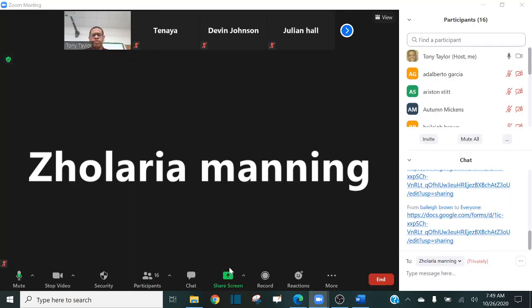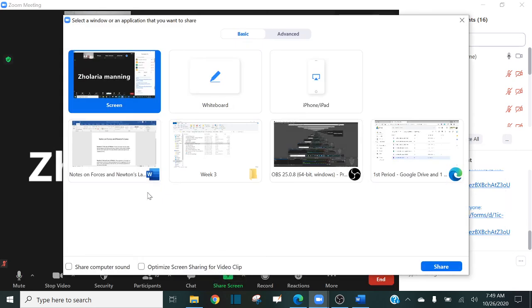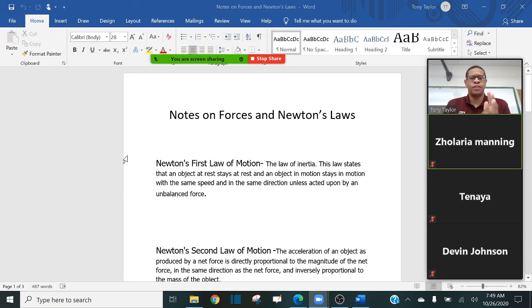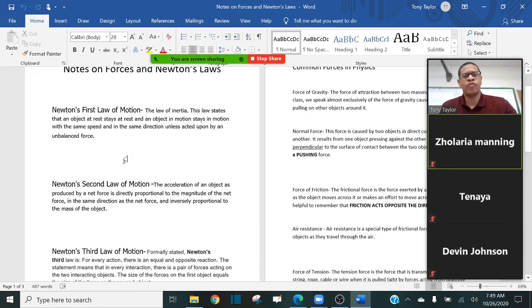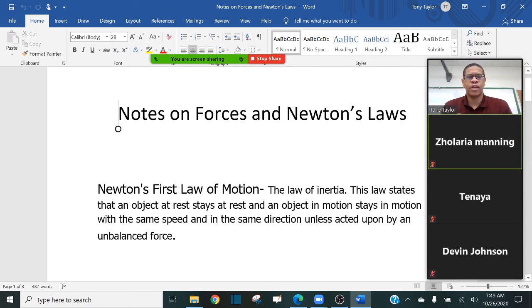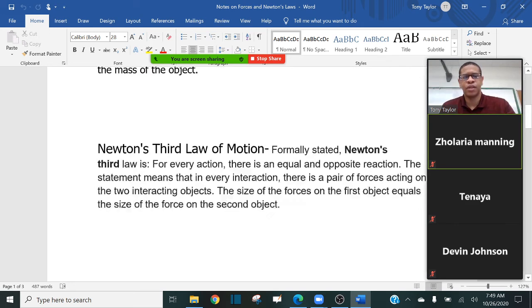As soon as we are done with class today, in the Monday folder for today, I am going to post these notes here. We've already gone over Newton's three laws of motion.